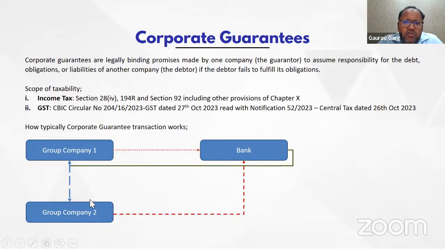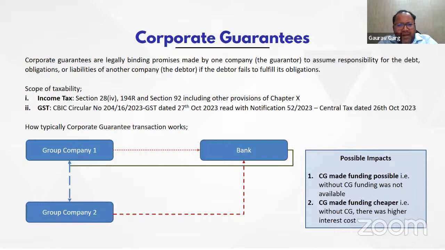So group company number 2 becomes the guarantor, and group company number 1 becomes the guarantee or the debtor. Group company 2 gives the guarantee to the bank that in case group company 1 fails to make the payment, I am the one who will make the debt good. I am going to pay on behalf of group company 1.